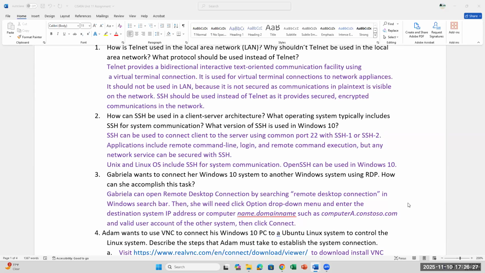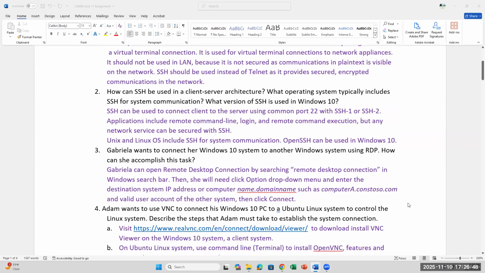So if you put RDP down on your resume, make sure you know how to configure RDP. You would need to put in the IP address or the system and the domain name, and then you just click connect. And through your physical network or through Gabriella's network, she's able to navigate to system B this way.